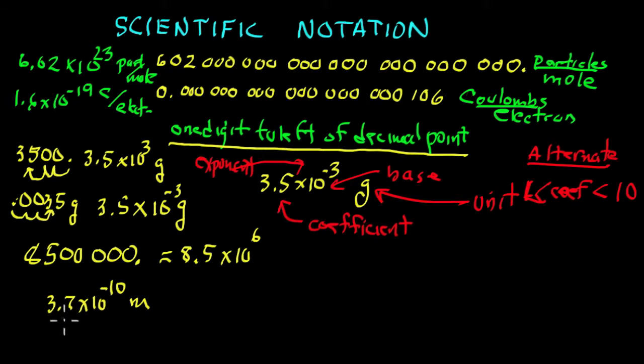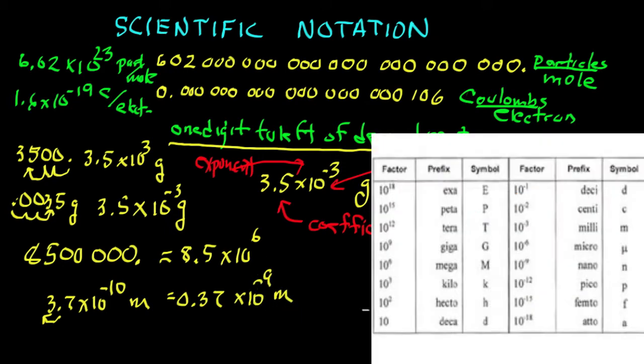Now, if I want power sets of 3 here, multiples of 3, let me say it right. If I want to get this to -9, that's the closest to multiples of 3. I take this number and make it a factor of 10 smaller, and this a factor of 10 larger. I get 0.37 times 10 to the minus 9 meters.